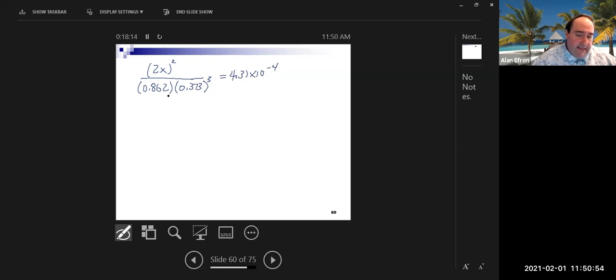So this is going to be a lot easier to solve, obviously, than what we had previously. Basically what we want to do is multiply those guys together and then multiply it to the other side.